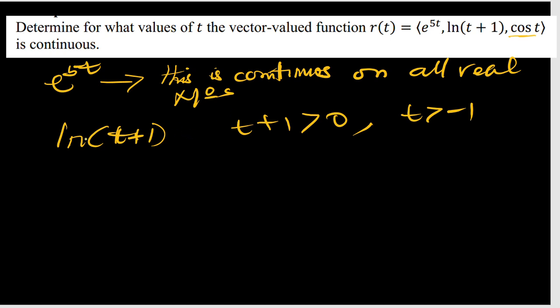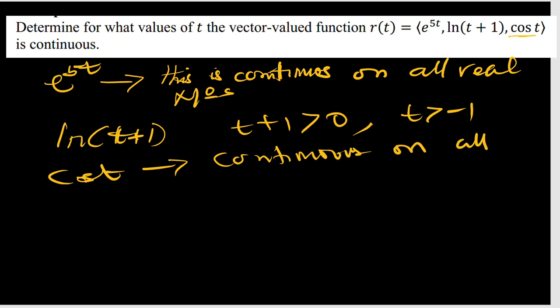Then let's look at the last one, cos t. Cos t is defined on all real numbers, and as such, it will be continuous on all real numbers. So the intersection of these three, since the first one is all real numbers and the last one is also all real numbers, will just be this one, t greater than negative 1.